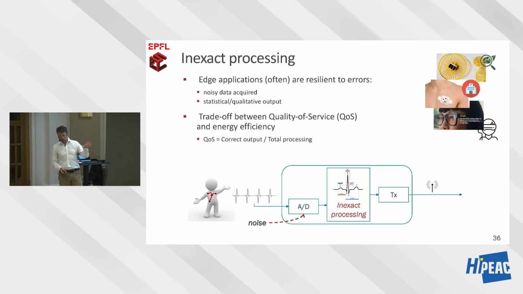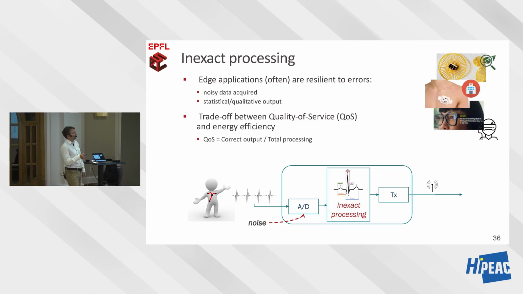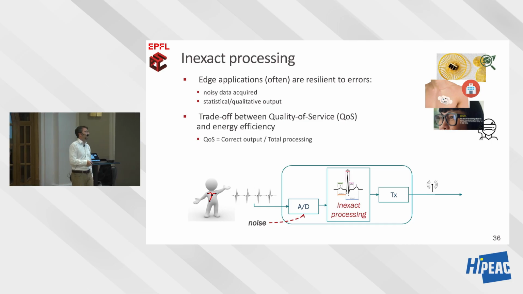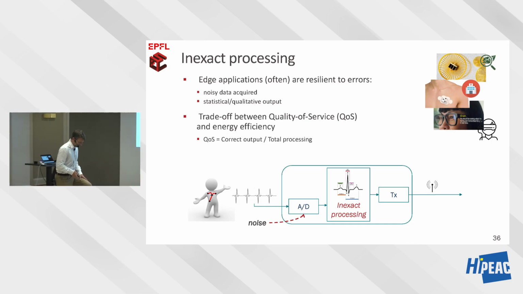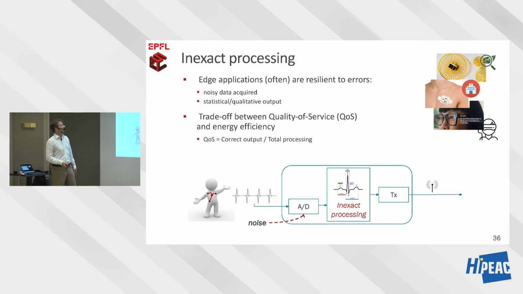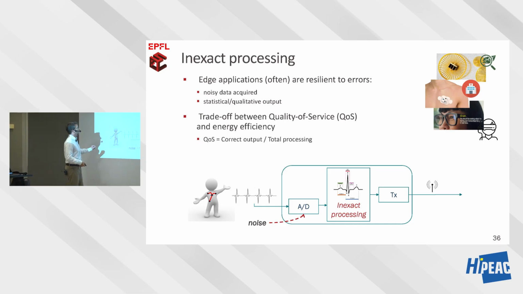And secondly, because what we measure is usually qualitative or statistical in nature, a little deviation doesn't harm the quality of service. So we can use this to trade off between quality of service and energy efficiency. In the techniques which I'm going to explain, I will define quality of service in terms of correct output divided by total processing.